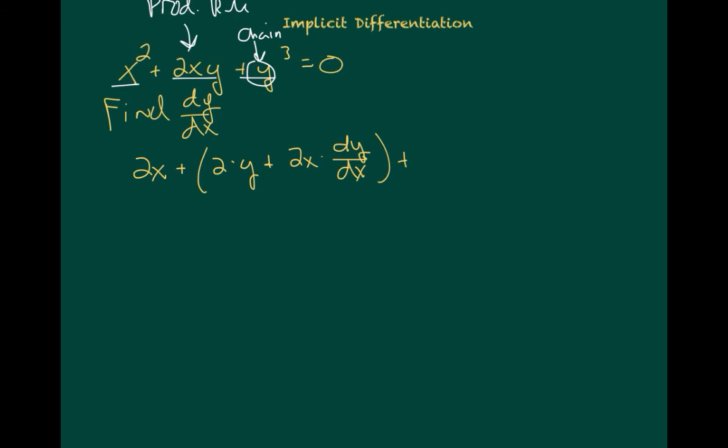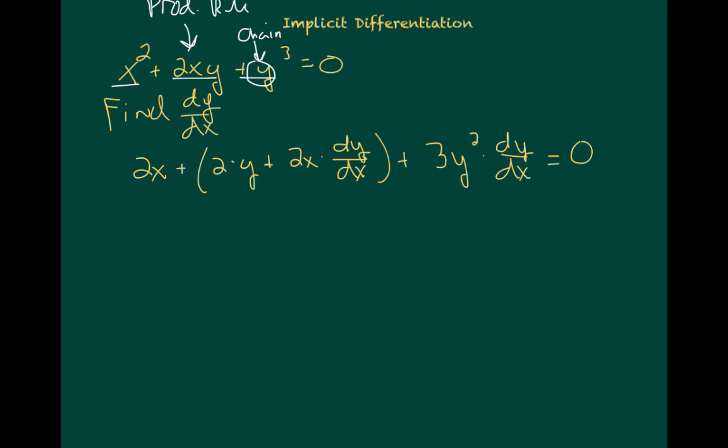Then, the last term, since y is inside the cubing function, we'll use the chain rule, which would be 3y squared times the derivative of the inside function, which here is y. So once again, we'll multiply by dy/dx. And that equals the derivative of 0, which of course is 0.